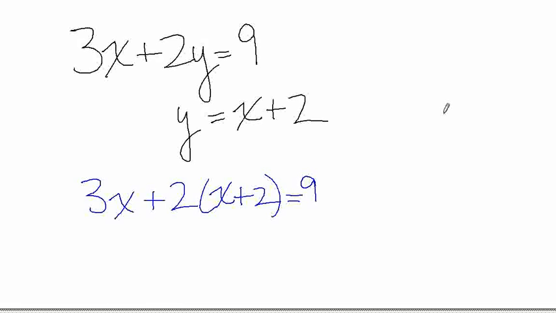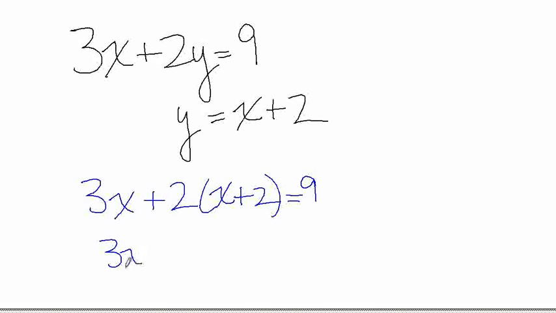Okay, now why is that potentially useful? Well, notice that the blue equation now only has one variable. And we know how to solve, or I hope you know how to solve, single equations for a single variable. Okay, I'll go ahead and do that now.